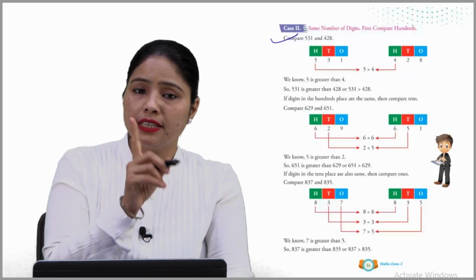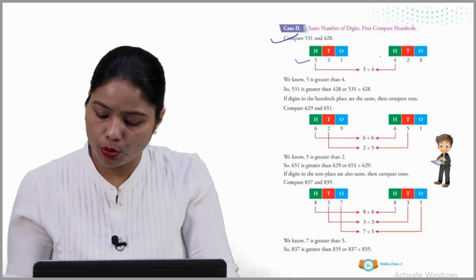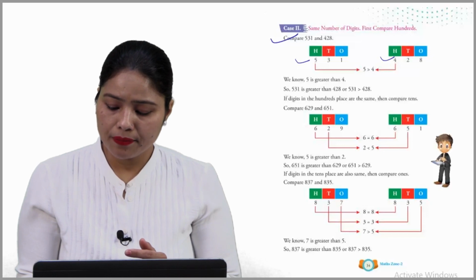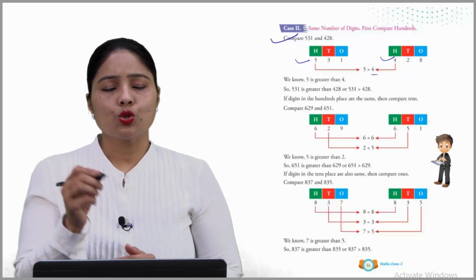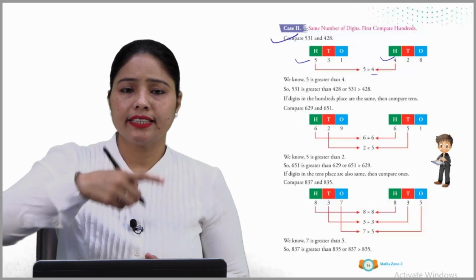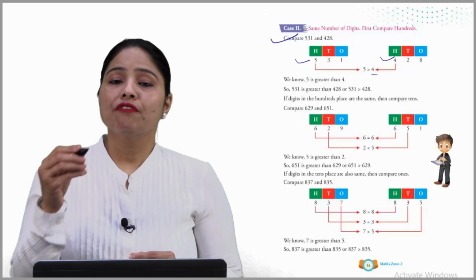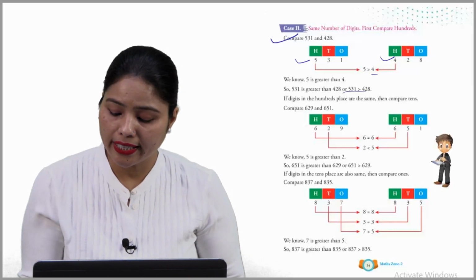So compare the hundreds place first. Here it is 5, here it is 4. So we know that 5 is greater than 4. So 531 is greater than 428.